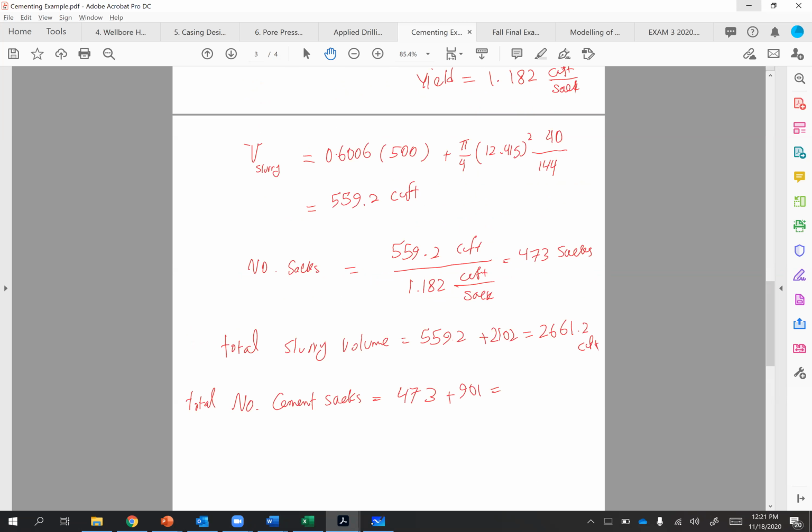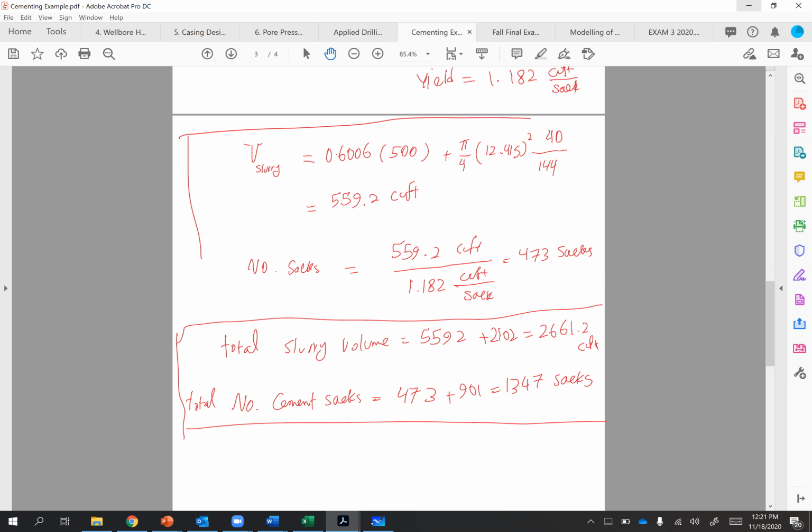And that is basically 1347 sacks. This is the total. This is for that second part, right? And that's it. That's how you do these calculations for basically mass balance.